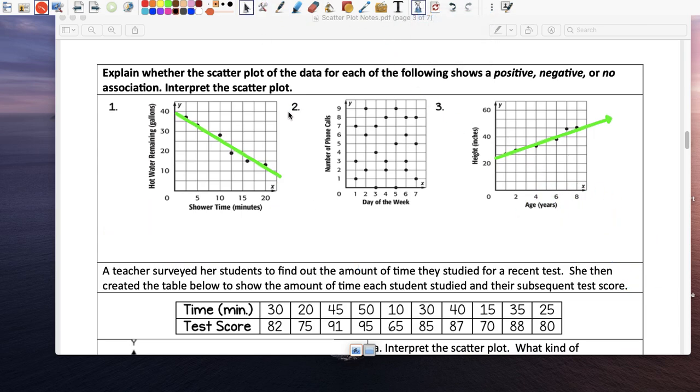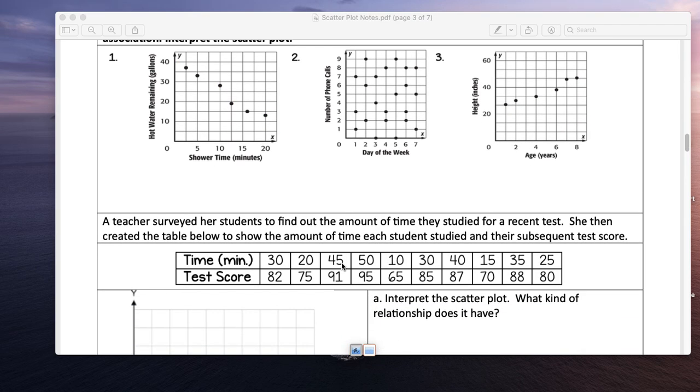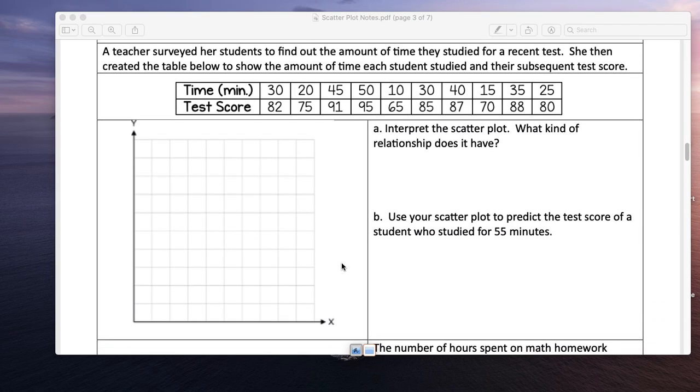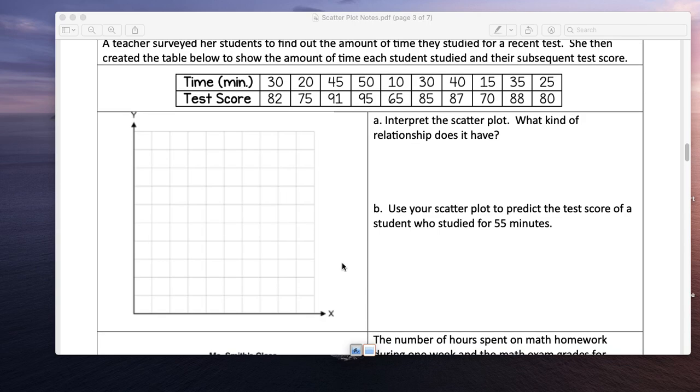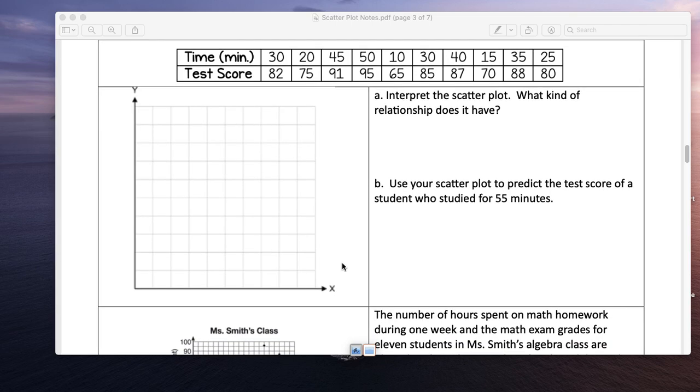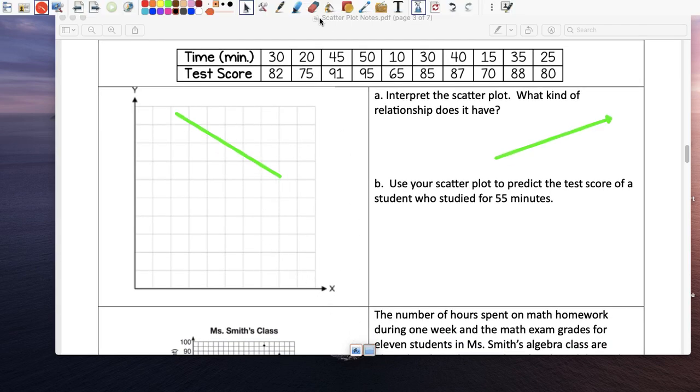Okay. Number 2, this one says a teacher wants to know if there is a relation between the amount of time they study and the score that they get. So let's first of all look at the scale here. You've got to figure out which one is your independent and which one is your dependent.